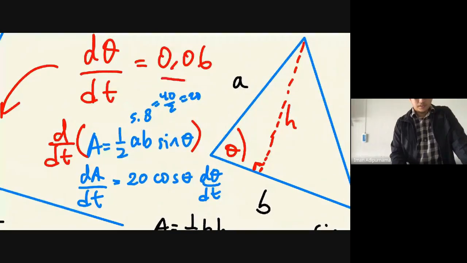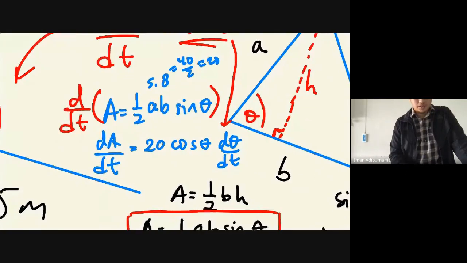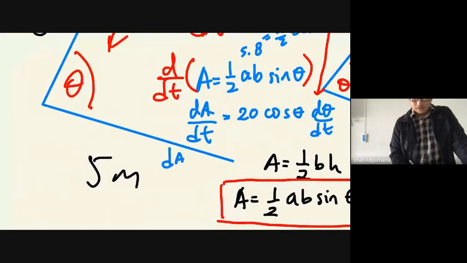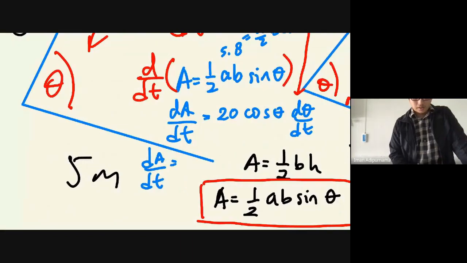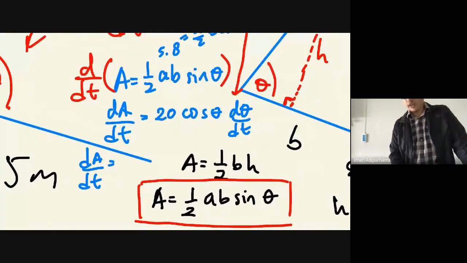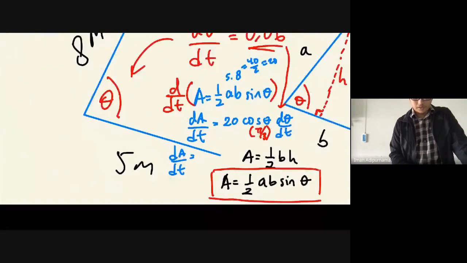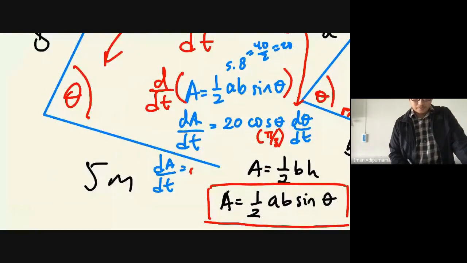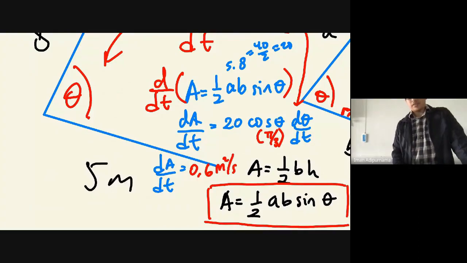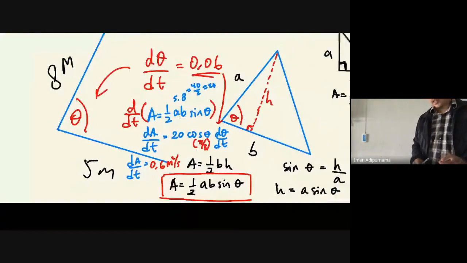So dA dt is 20 cos when theta is pi over 3. So it's half, and then 10 times 0.06 should be 0.6 meters squared per second.